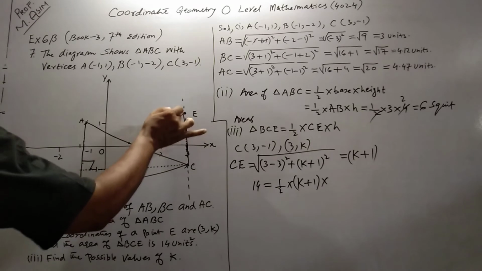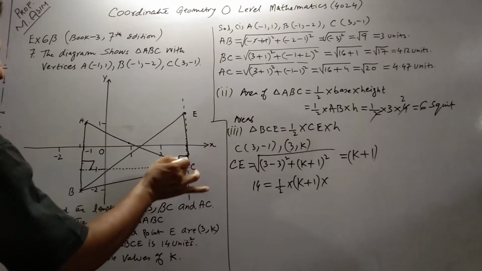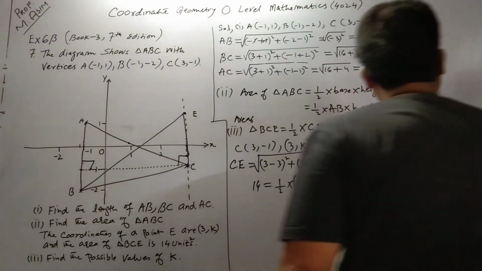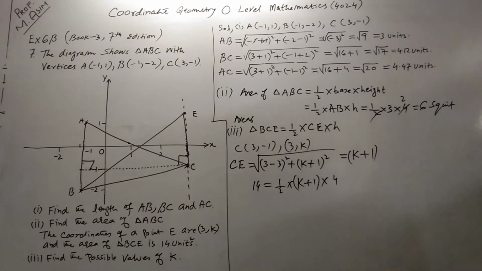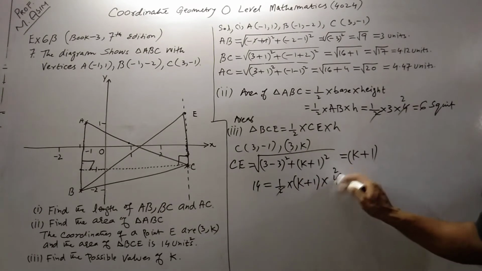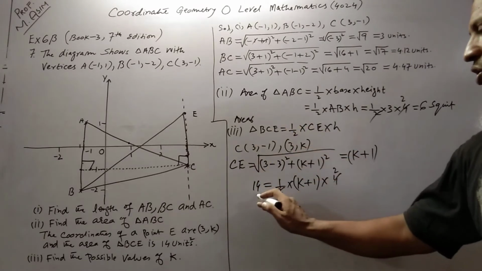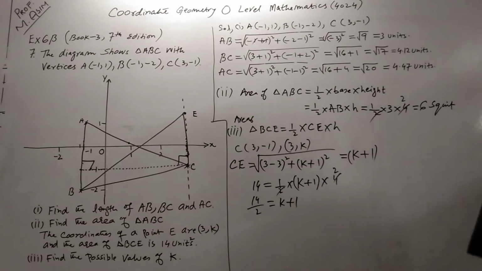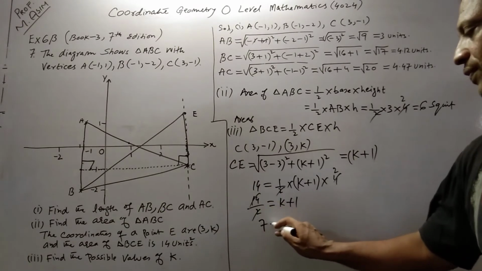This is the base, so this is the height. This is perpendicular, and this length we know from the previous part is 4, so we have to put 4 over here. Now 2 ones are 2, 2 twos are 4, and this 2 is divided over there, so 14 over 2 is equal to k plus 1.